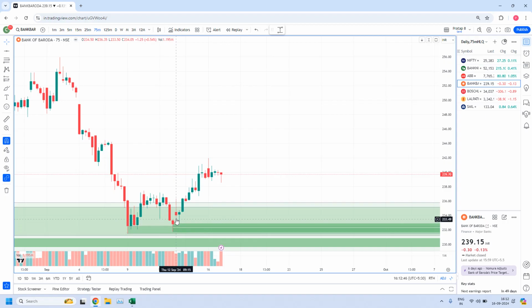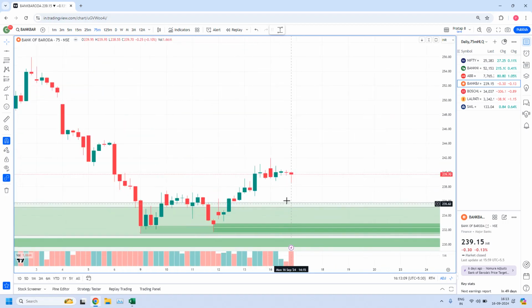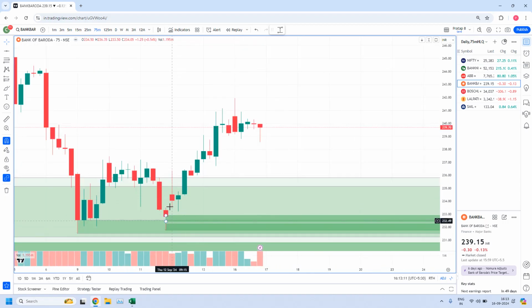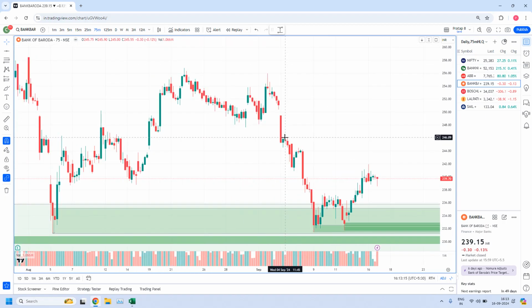The moment you add the hidden body, this is getting a rally candle. This entire thing is an ERC candle. This is the hidden zone concept I explained in lesson 9. In lesson 9 you learn this concept. Drop base rally. So this is a drop base, so you need to add the hidden body. This entire thing is going to be a rally candle, and the entire candle will be an ERC candle. So this is the 75 minute zone.